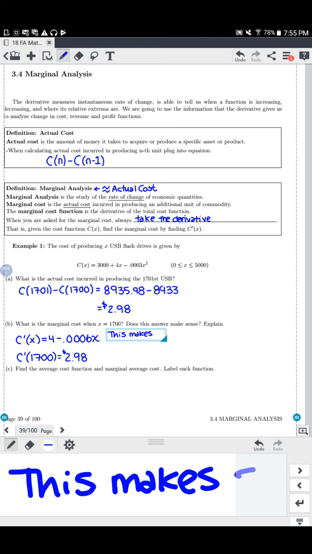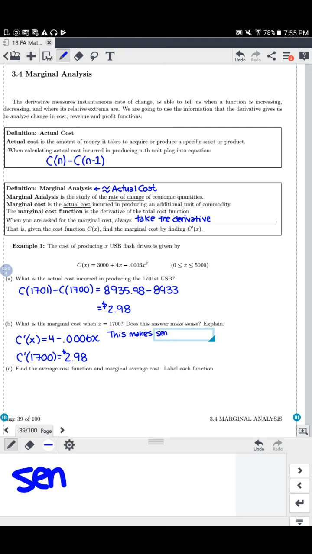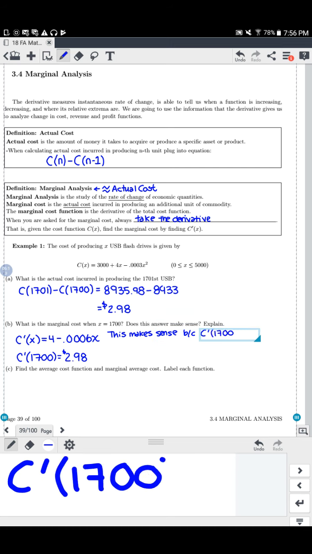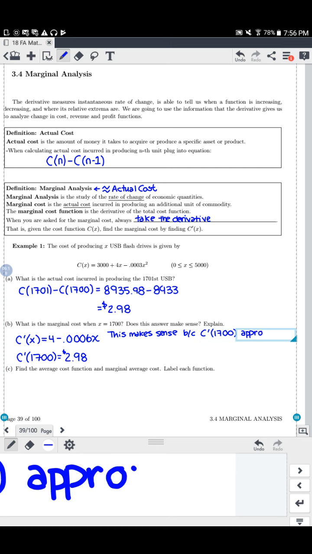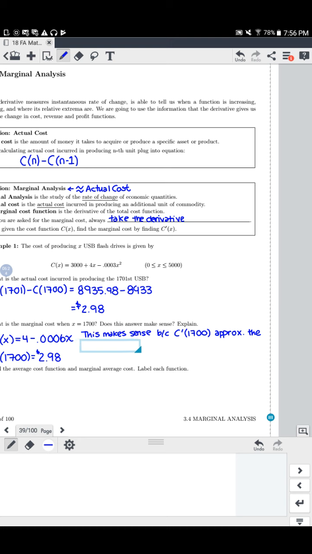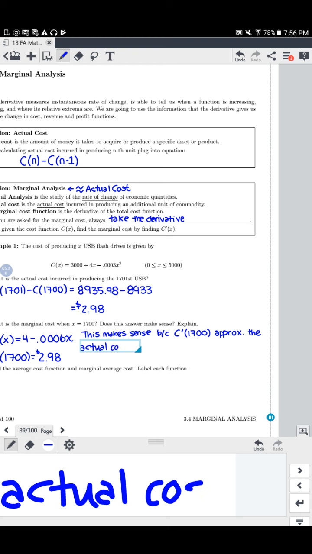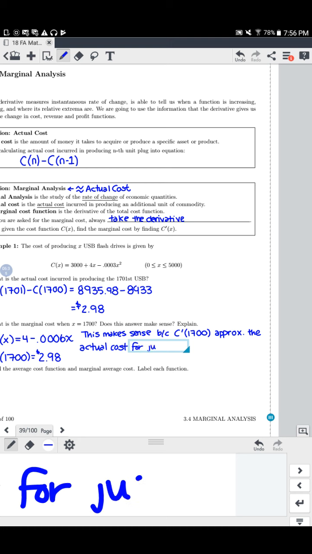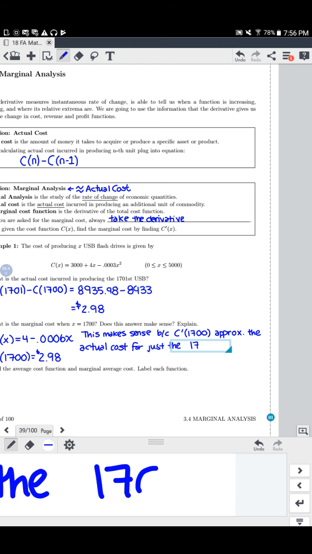This makes sense because C prime of 1,700 approximates the actual cost for just the 1,701 USB.